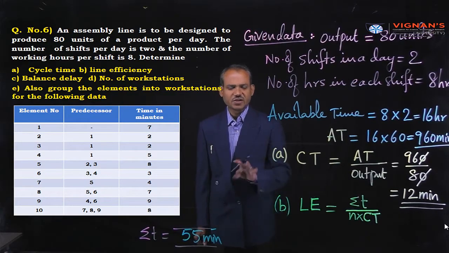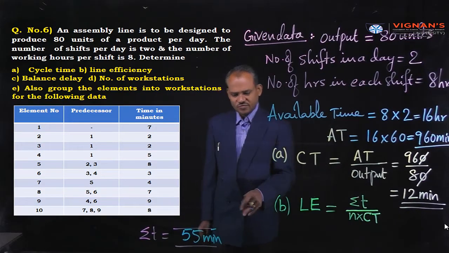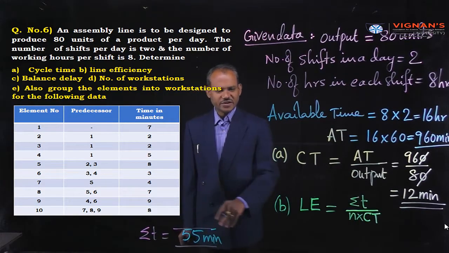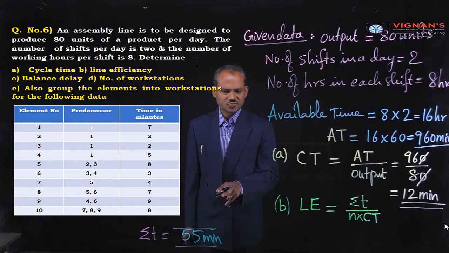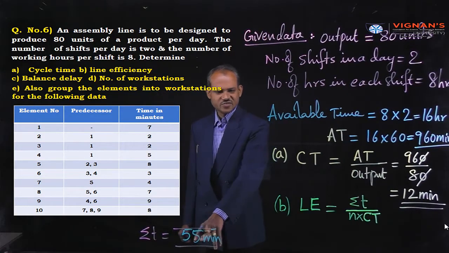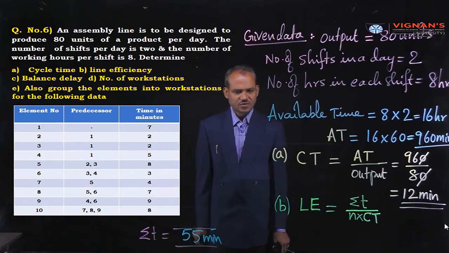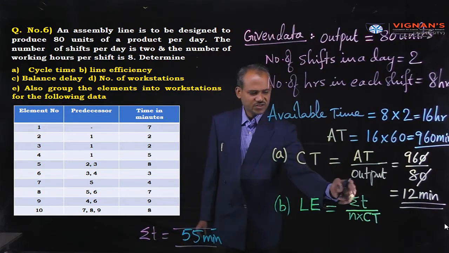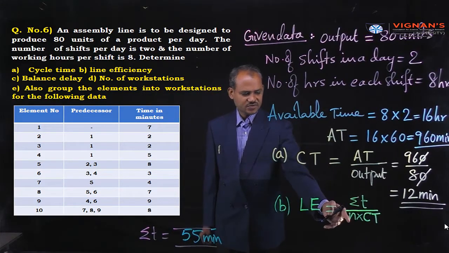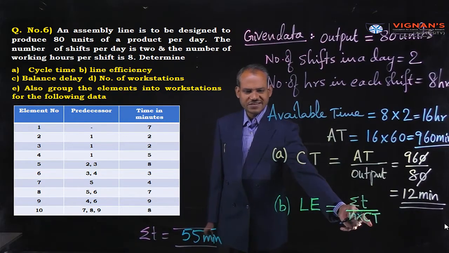There are 10 work elements. If you add all the timings of the elements, we get 55 minutes: 7 plus 2 plus 2 plus 5 plus 8 plus, like that. Sigma T is equal to 55 minutes. We know the sigma T value and the CT value.